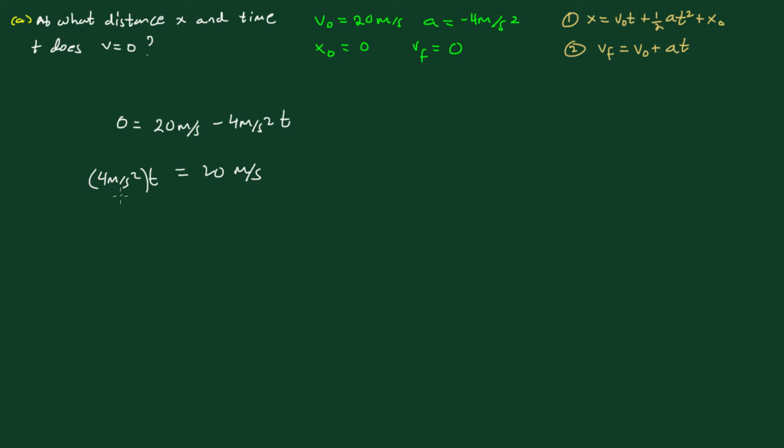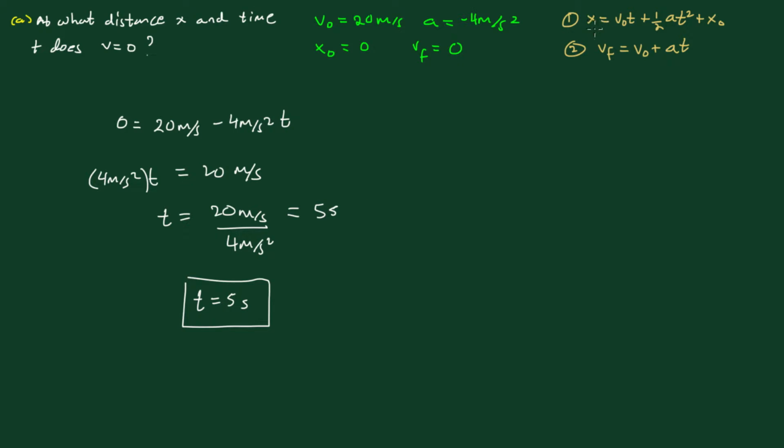If I divide both sides by 4, I get t is equal to 20 meters per second divided by 4 meters per second squared, and this comes out to be 5 seconds. Okay. So t is equal to 5 seconds. So this tells us that at t equals 5 seconds, the particle comes to a stop and, in fact, reverses its trajectory. It turns right back around.